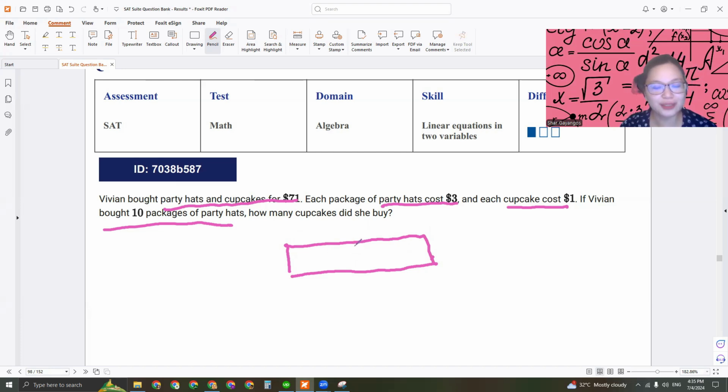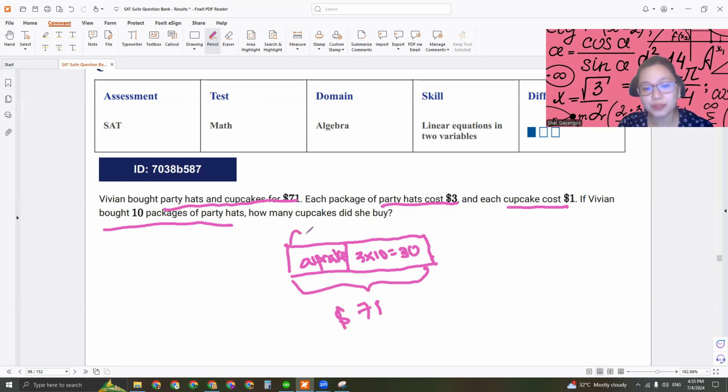Okay, we're all good. If you want to visualize this problem, or if you have trouble understanding what's going on, don't worry. This is what's happening here. You have cupcakes, and then Vivian also bought 3 times 10, which is 30. And then we ended up with a total of $71, right? So all of this makes up $71.